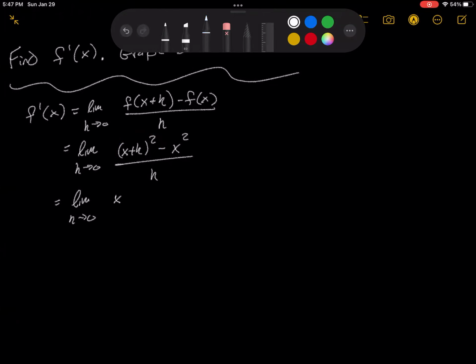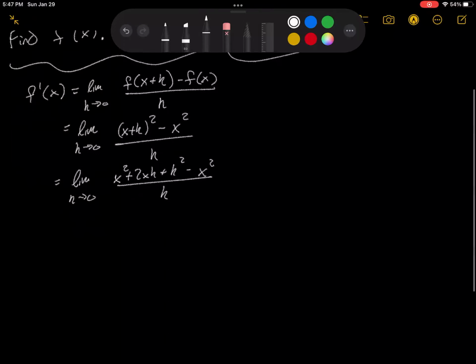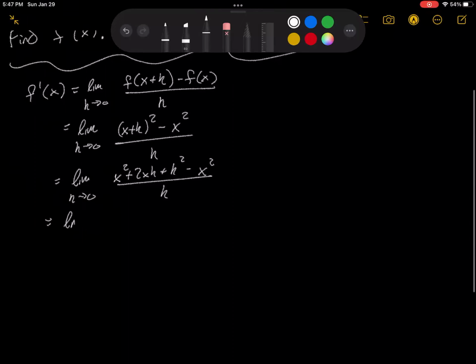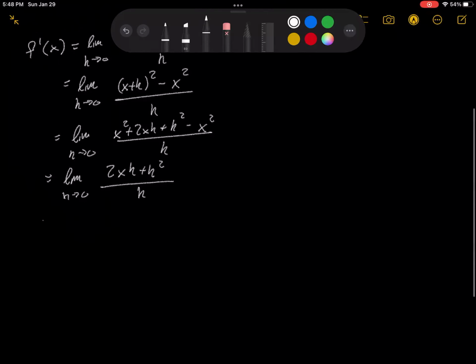But let's simplify. I can rewrite x plus h squared as x squared plus 2xh plus h squared. Through simplification, my x squareds are gone. I now have 2xh plus h squared over h. Everything in my numerator has an h in it.